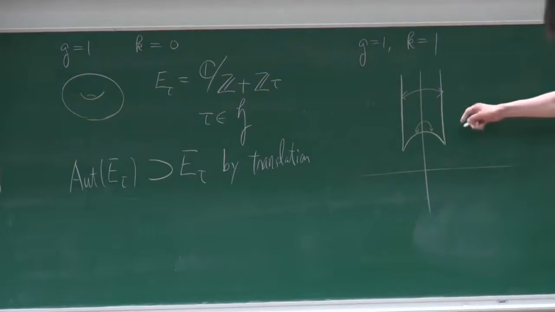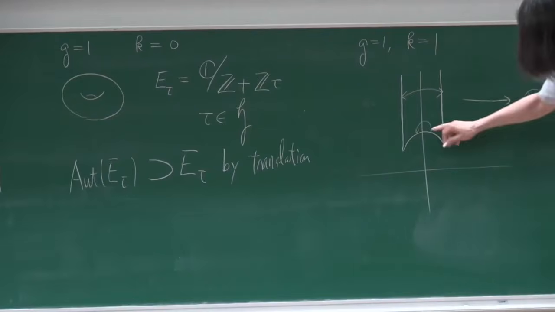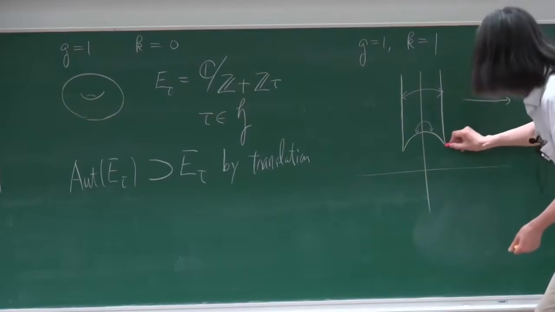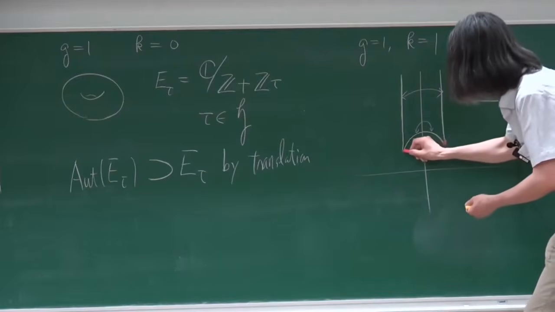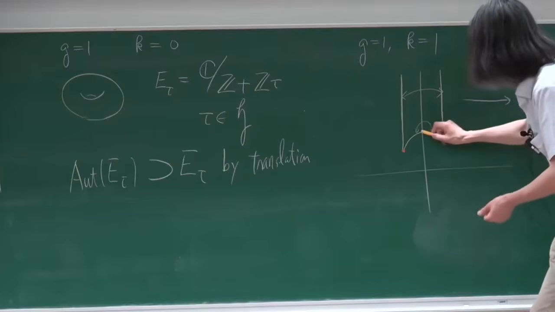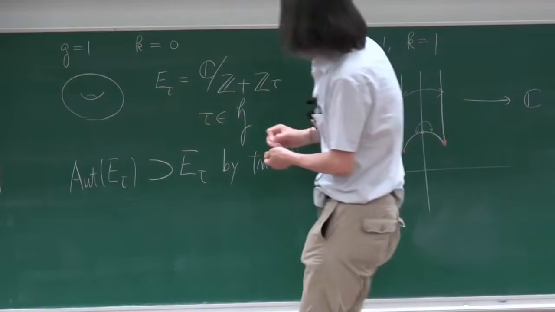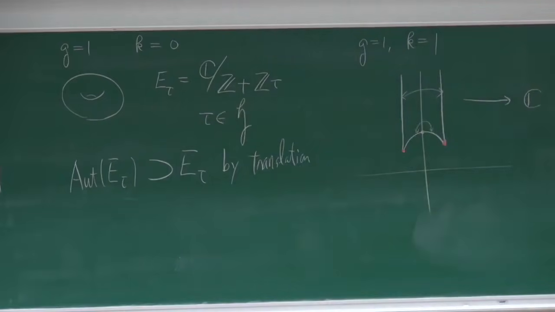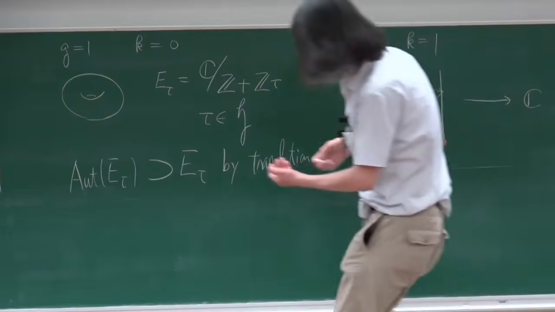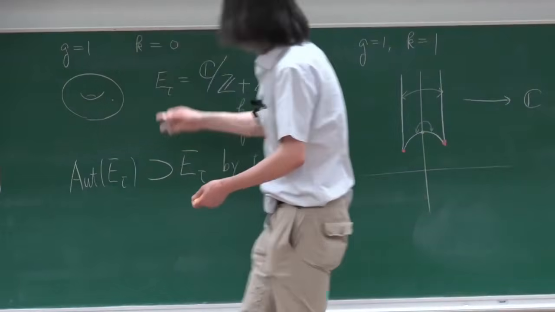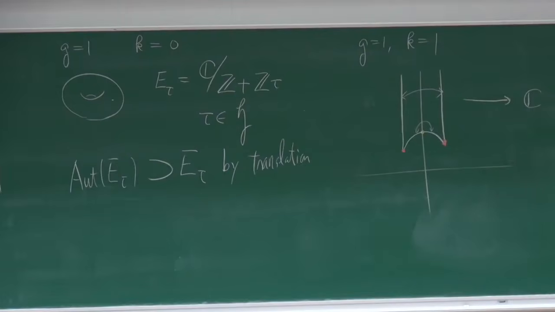From here you can get this complex plane. But in fact, here and here you may think of it as a singular point. And for this moduli space, here I need to put one point somewhere to kill the automorphism.